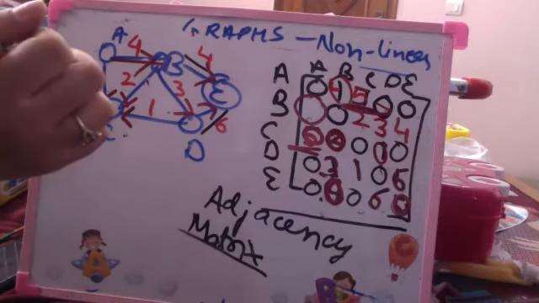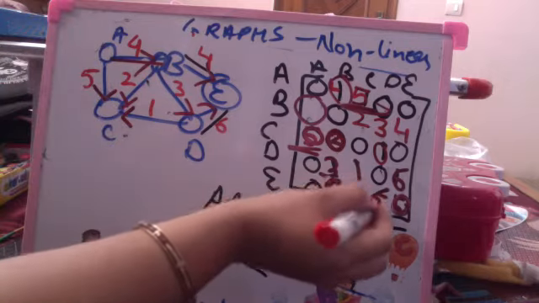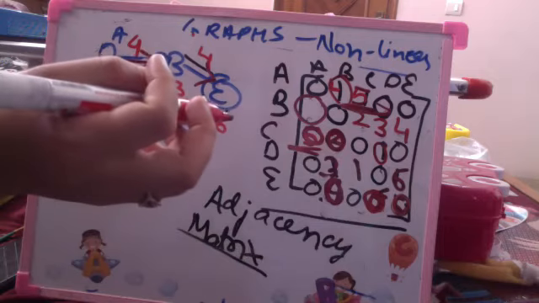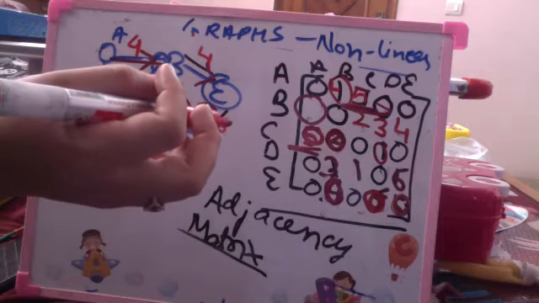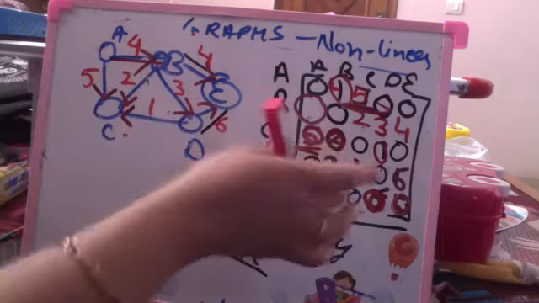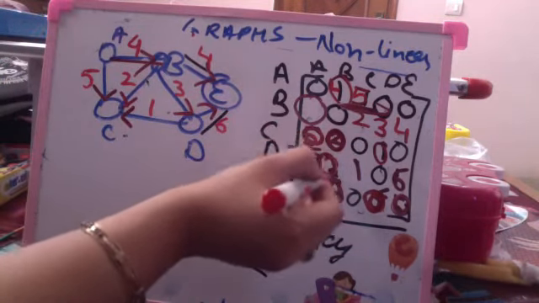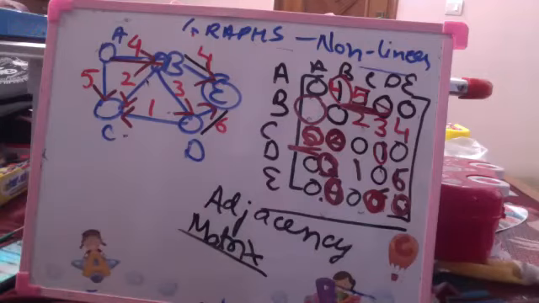Is everyone understanding? D to E is an edge, E to D is no edge. This will become your final matrix for the directed graph.